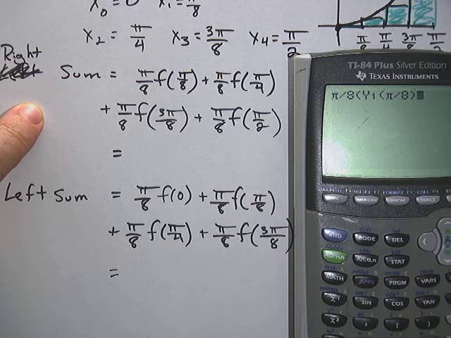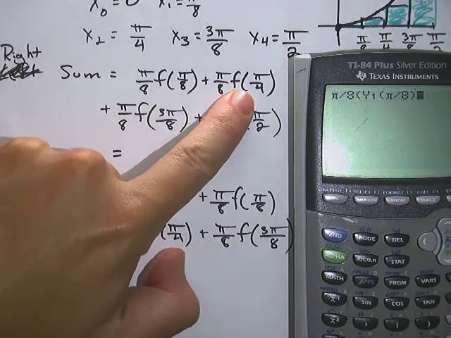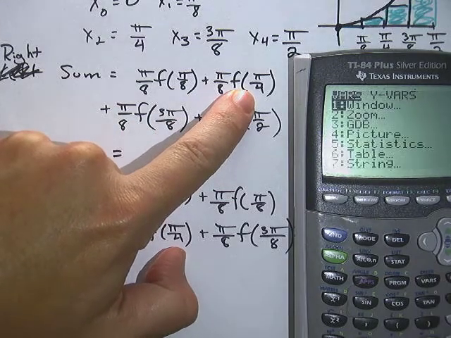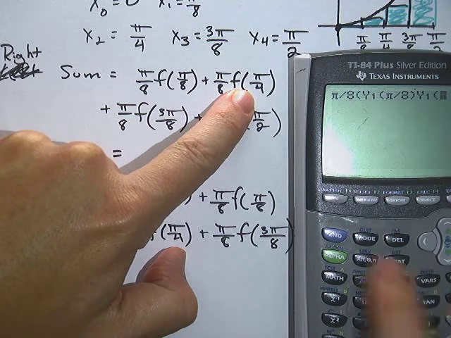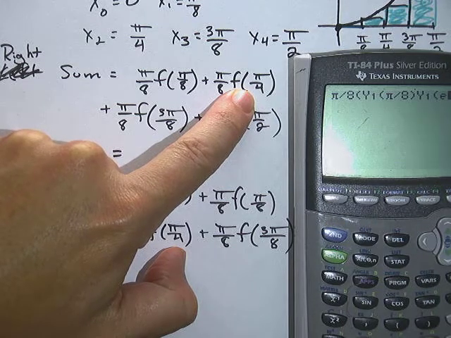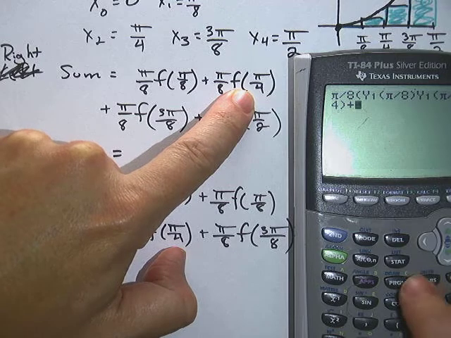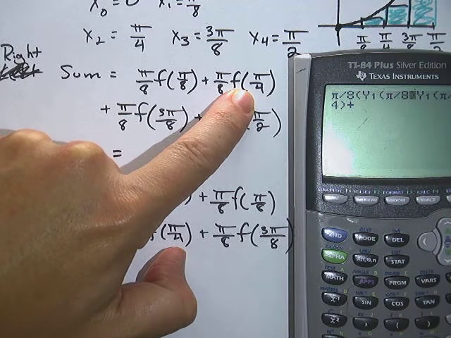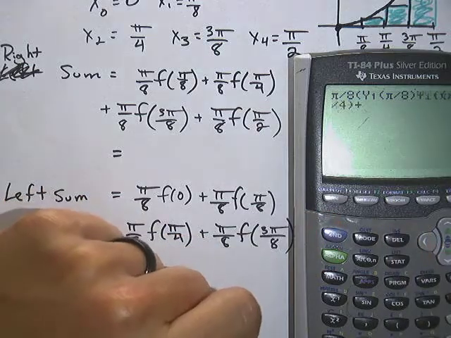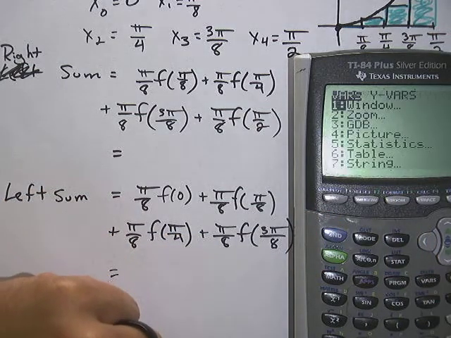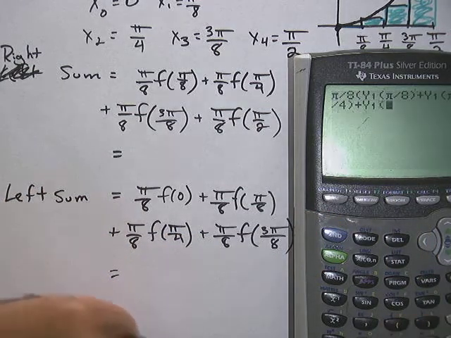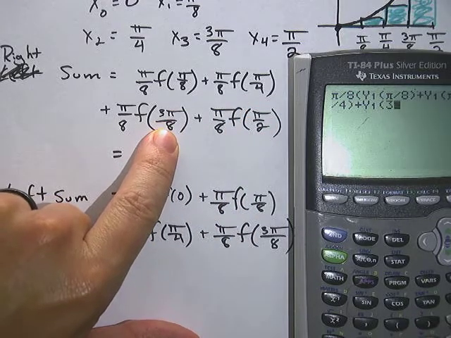Okay, so I'll do it again for pi over 4. So vars, y vars, enter, enter, and then open parentheses and type in pi over 4. Plus, let's put the plus sign in there. Don't want to miss that. Plus, and now vars, y vars, function, open parentheses, my next one is 3 pi over 8.